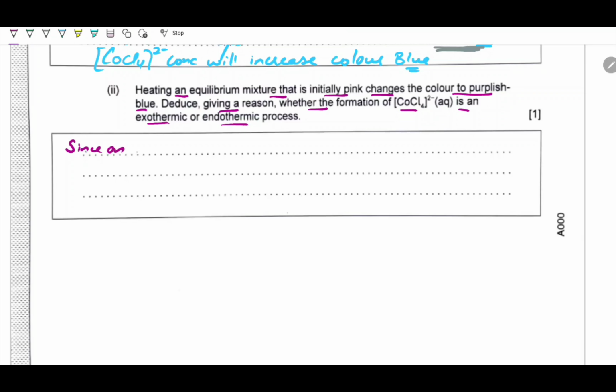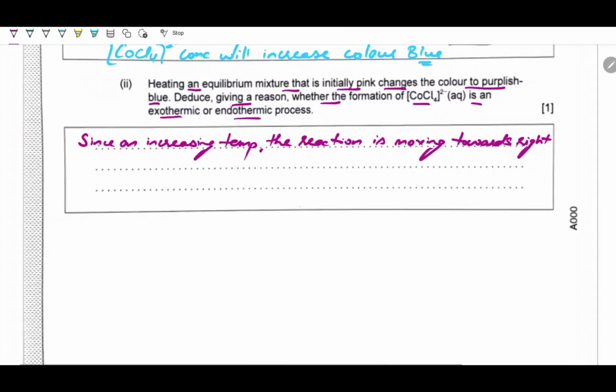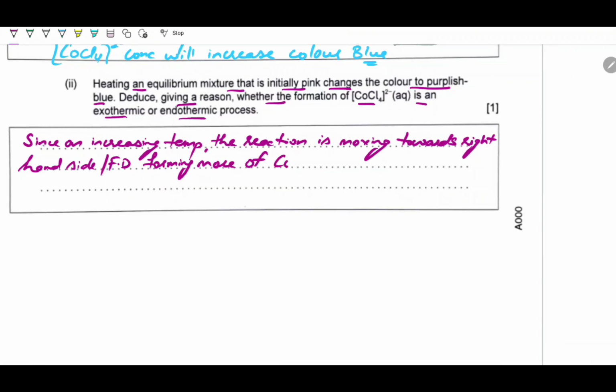So what should I write? Since on increasing temperature the reaction is moving towards the right hand side or forward direction, that is forming more of CoCl4 2 minus.